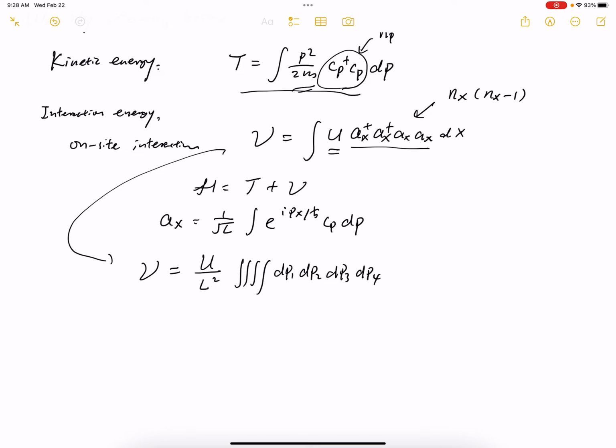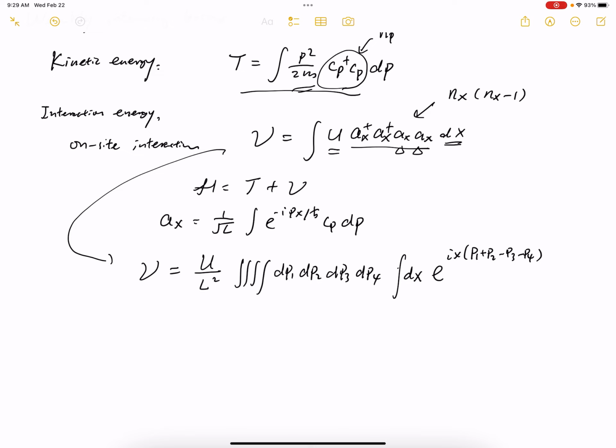We're also going to have a dx here, so I'm going to keep this dx. Then the integrand looks like this: we have e to the i x, and then p1 plus p2 minus p3 minus p4. Maybe I should put a minus sign here; it doesn't matter, it's a convention, just make sure I'm doing things consistently. These two A_x's have negative p's, that's why I put p3 and p4 with minus signs.